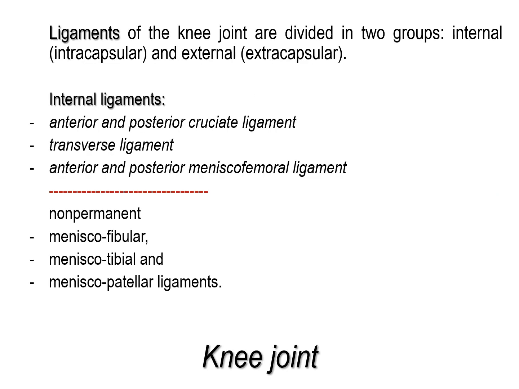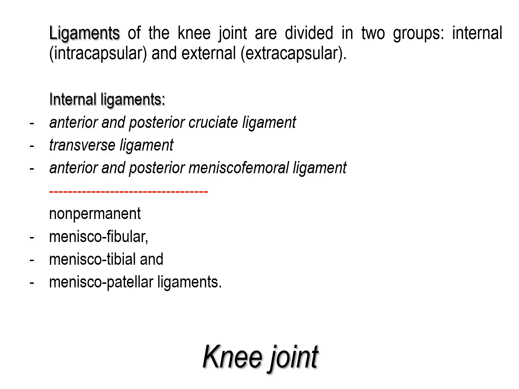The ligaments of the knee joint are divided into two groups: internal or intracapsular and external or extracapsular ligaments. Internal or intracapsular ligaments are the anterior and posterior cruciate ligament, the transverse ligament of the knee joint, and the anterior and posterior meniscofemoral ligament.